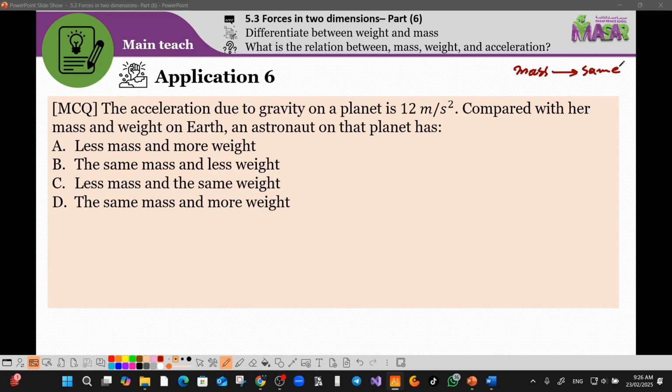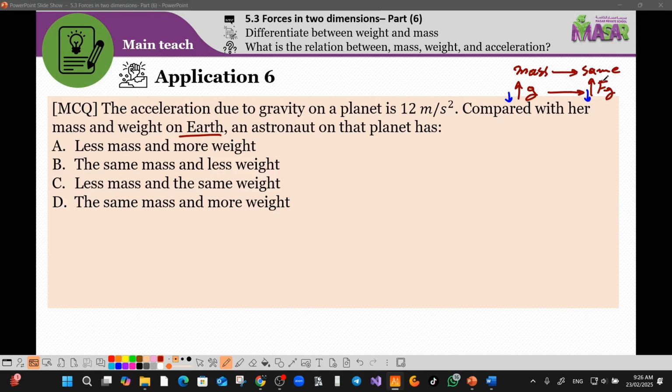Now, what about the force of gravity? We know that the force of gravity will be affected by the G itself. If the G increases, the force of gravity will increase. And if the G decreases, the force of gravity will decrease. Here, if we compare it to Earth, according to the question, this planet has a much higher G, which means the G increased.